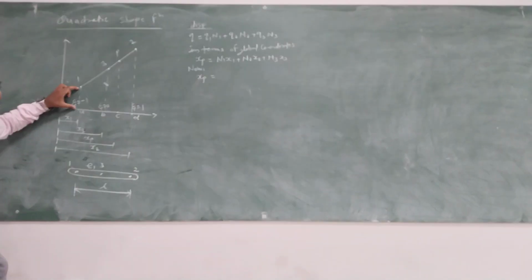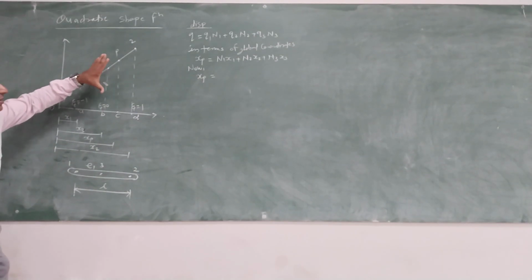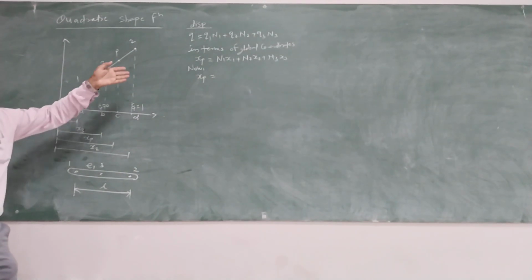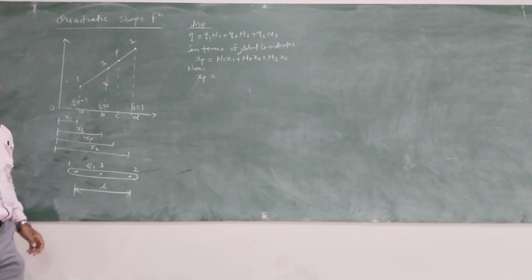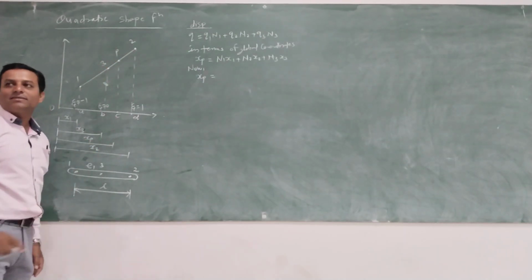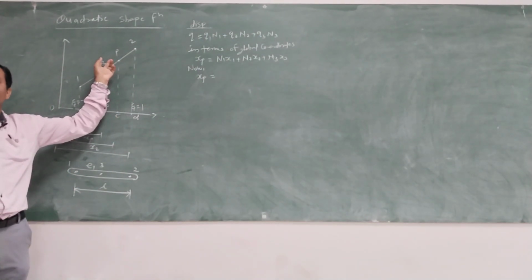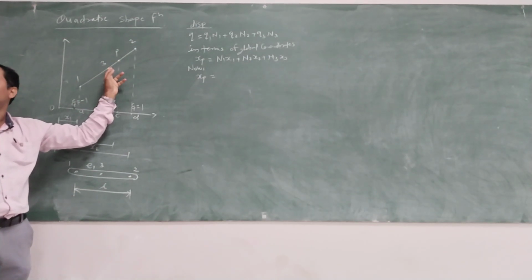So this is the displacement of node 1, node 2, node 3. Here you can easily see the displacement of each node. If I join all these points, then 1, 2, 3 is your displaced material with elongation.